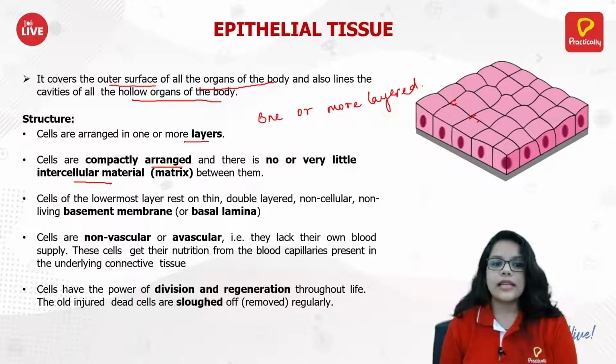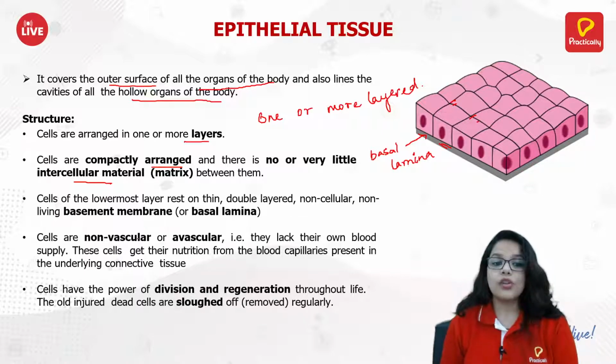And cells of the lowermost layer rest on a thin double-layered non-cellular, non-living basement area called the basal lamina. Here, this is the basal lamina. The cells together forming tissues just rest on it, this gray area.